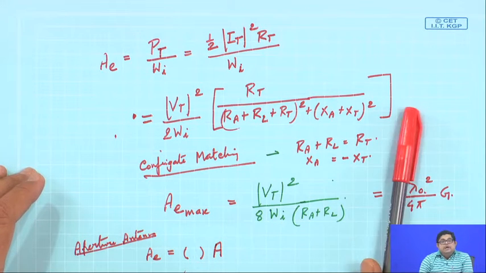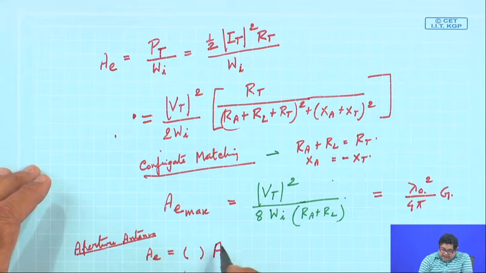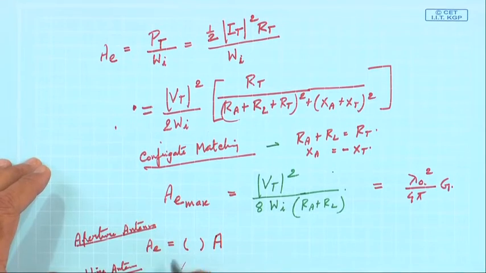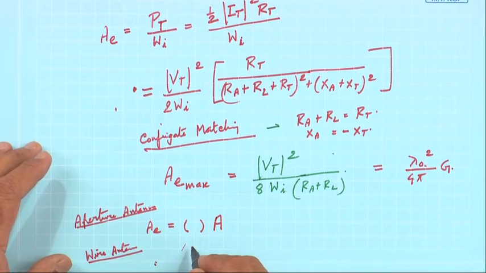And we have also seen that the electrical distance of the antenna determines its area. In case of a wire antenna, as I already said, it is very much greater than its physical area.